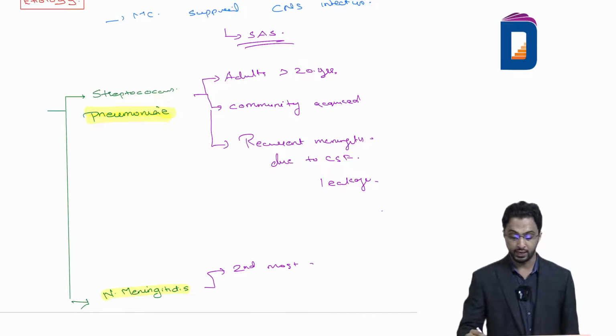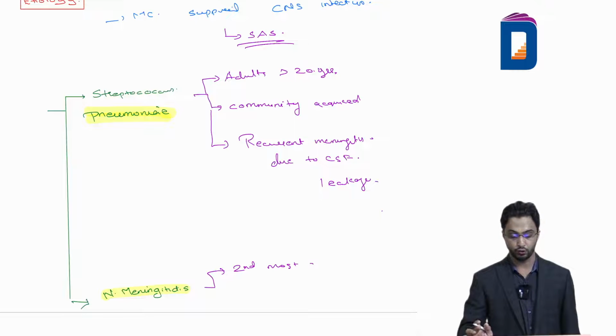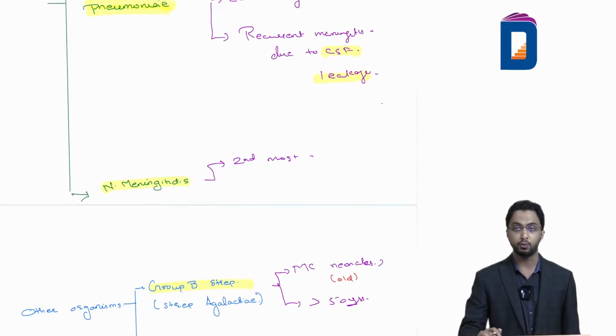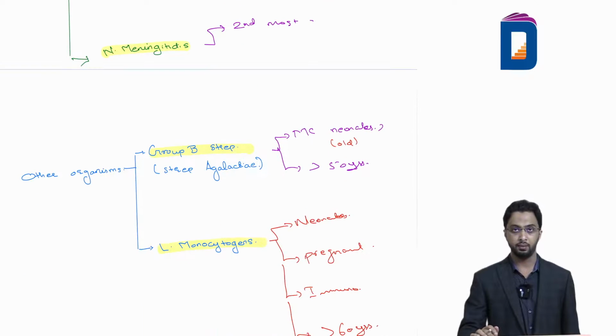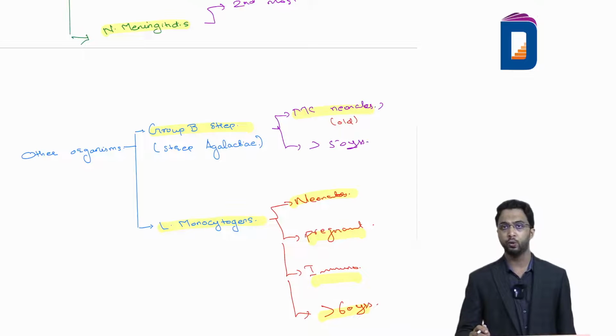In general, if they ask you the most common cause of meningitis, it's Streptococcus pneumoniae in adults, and it's associated with CSF leaks. Second most common is Neisseria meningitidis. Then you have group B streptococci in neonates, but the emerging thing is L monocytogenes. In pregnant, immunocompromised, and greater than 60 years, it is L monocytogenes.